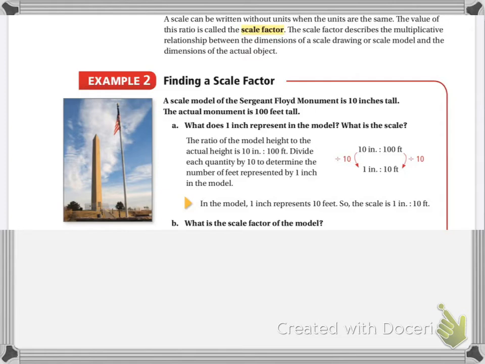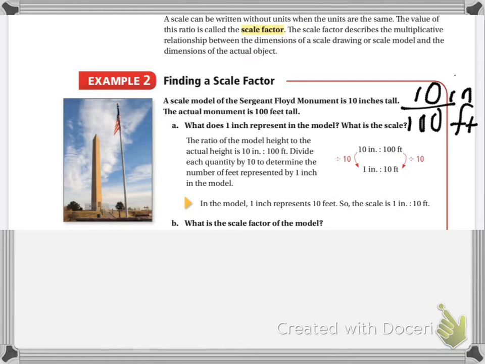A scale model of Sergeant Floyd Monument is 10 inches tall. The actual monument is 100 feet tall. So once again, we're in those different units. You can see right here, they have told us that there are 10 inches in the model, and the actual is 100 feet.